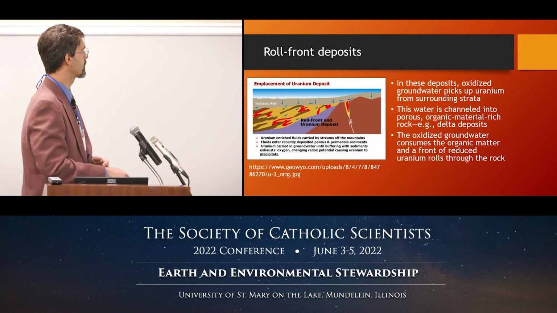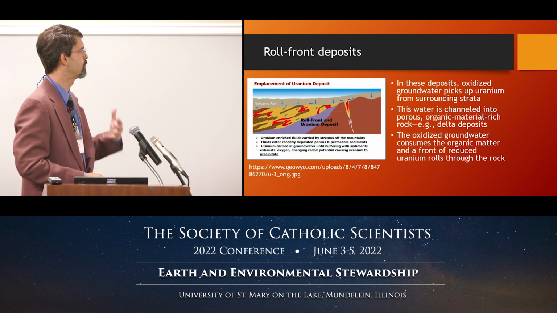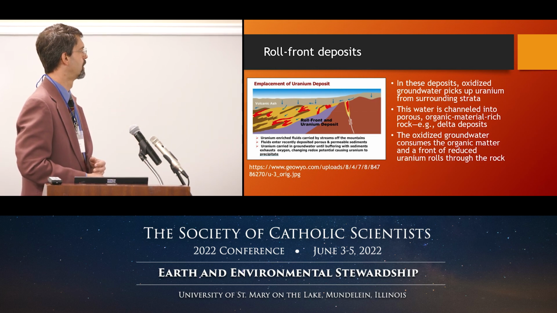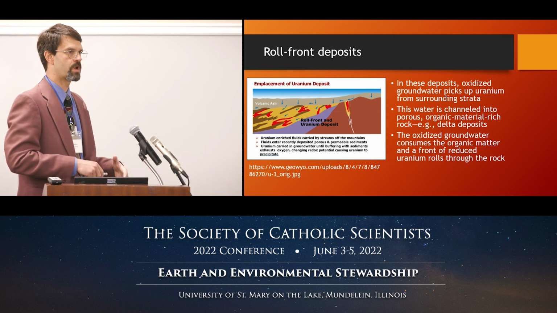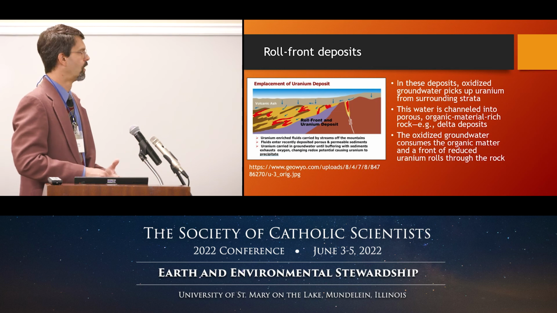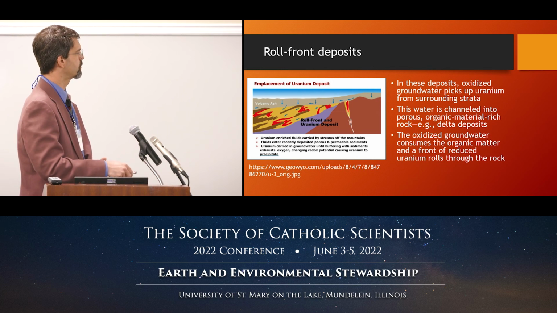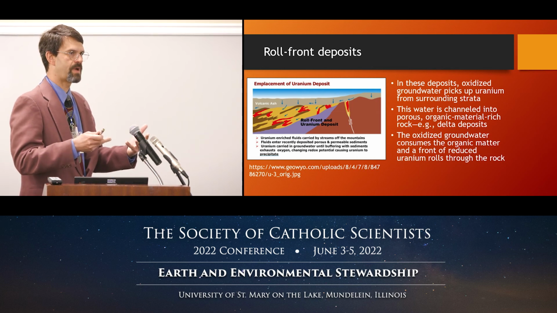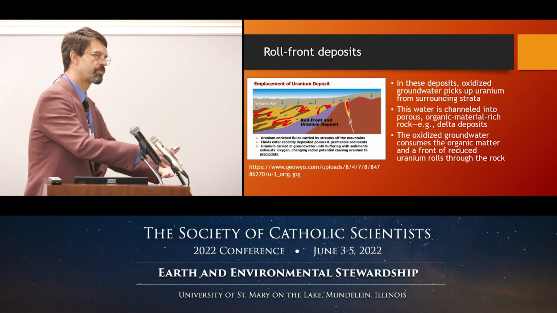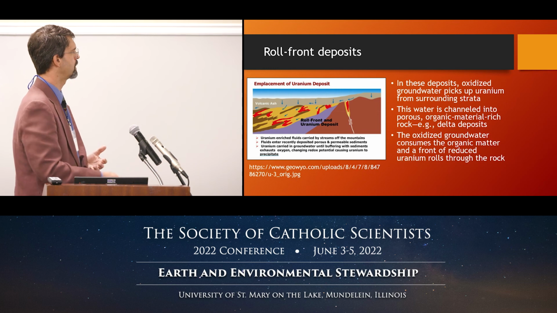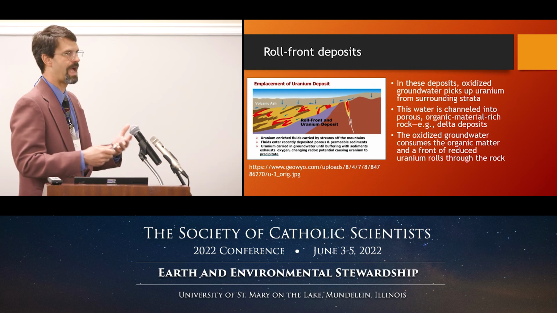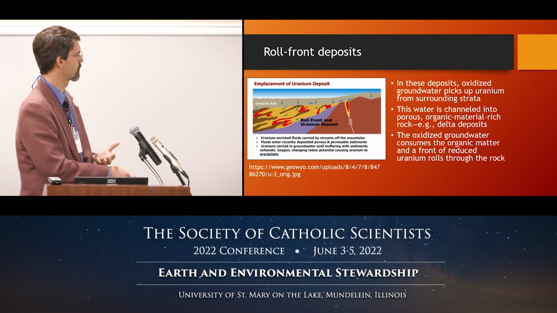So the oxidized liquid migrates into this permeable, organic-rich deposit, and there's a chemical reaction. The organics reduce the uranium to uranium-4+, and it precipitates out. As the oxidized fluid continues to migrate in, it consumes this organic matter, and then the uranium moves down to a new front. So there's this rolling front, and that is thought to be the genesis of it, but of course it sort of looks like that too.